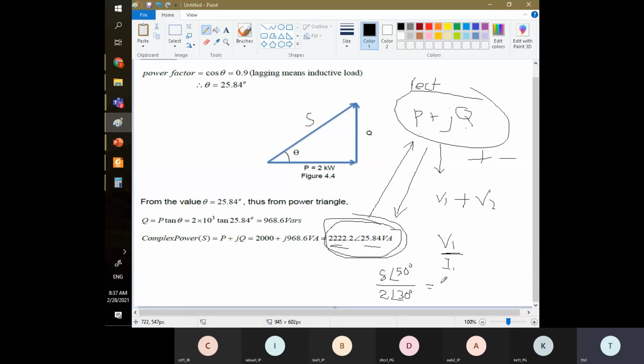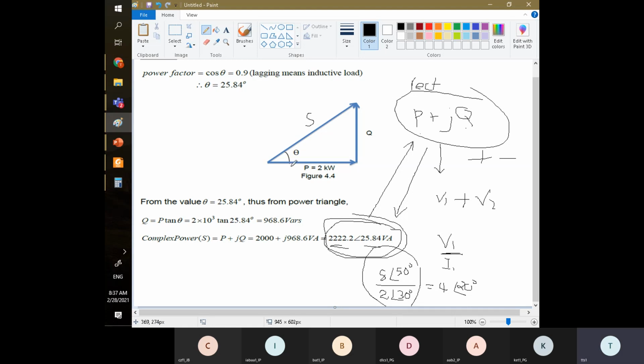So 8 divided by 2 is 4, and then 50 and 30 is a minus, so 50 minus 30, we get 20 degrees. So it's really easy to work out the result of this division using the phasor form. You cannot use the rectangular form to do the division like this.